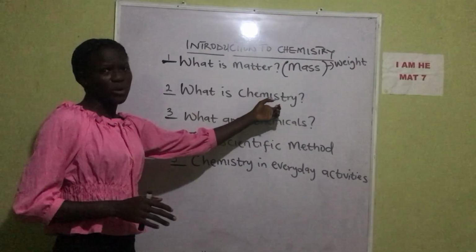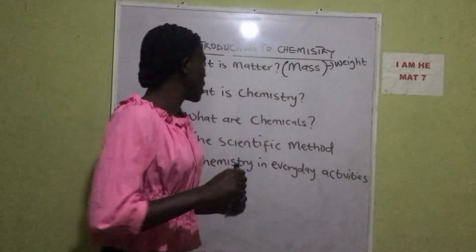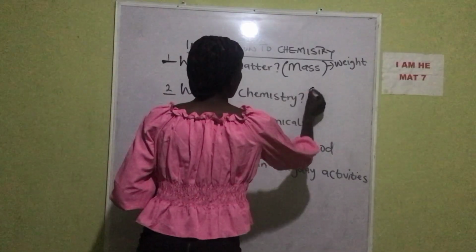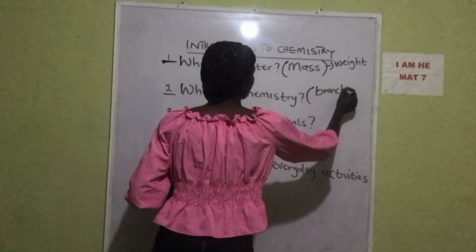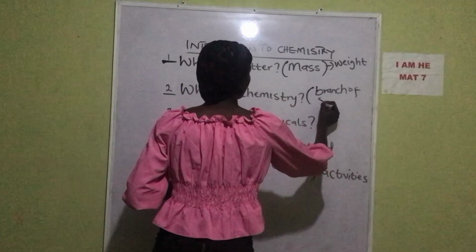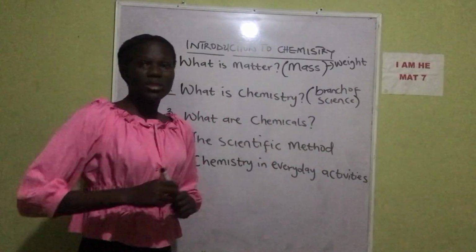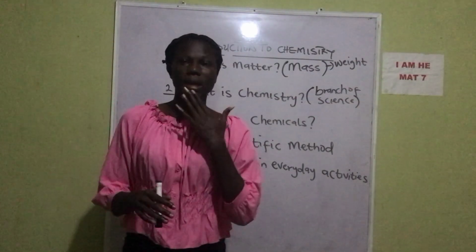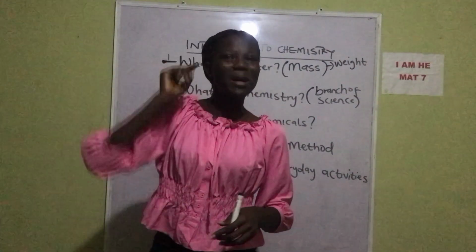Now what is chemistry? Chemistry can be defined as a branch of science, because there are actually other branches of science like biology, physics, okay? Chemistry is a branch of science that deals with the study of matter.